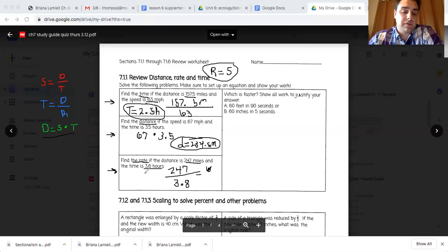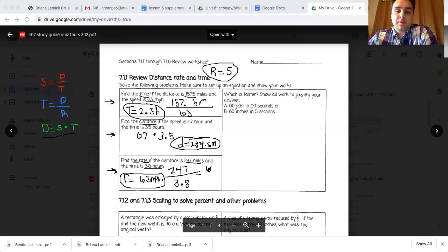Well, actually, let me write it over here. If I was going to write the rate, you could write R or S equals 65 mph, for miles per hour. So there's an example of each one of those formulas that we have off on the side.